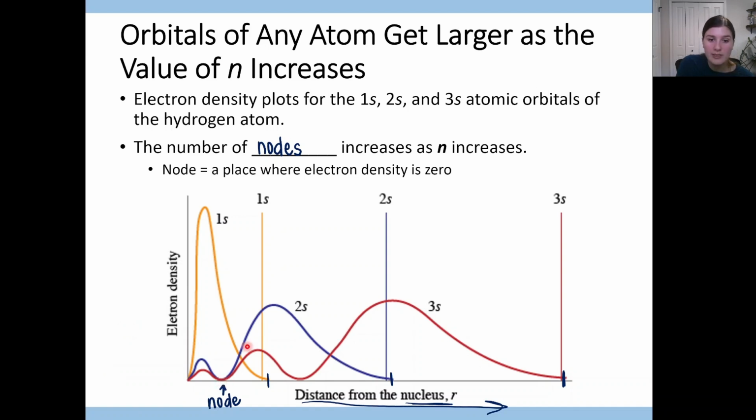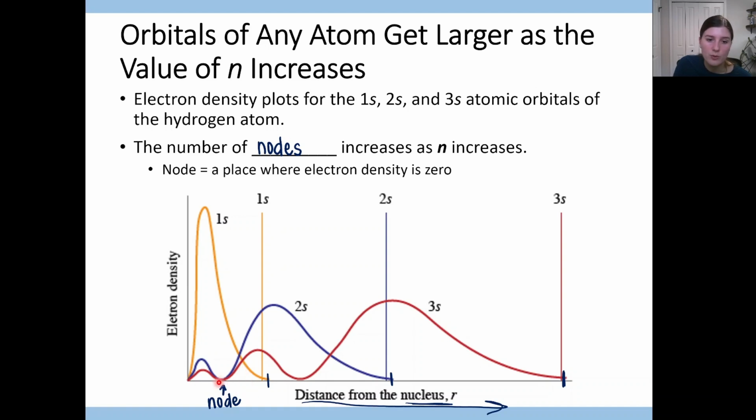Now this node only exists in the 2s and the 3s orbital. This is not a node for the 1s orbital. And then the 2s orbital can have a distance up to here. These are all relative values, of course, of where the electron can exist, and there's just one node for that orbital.